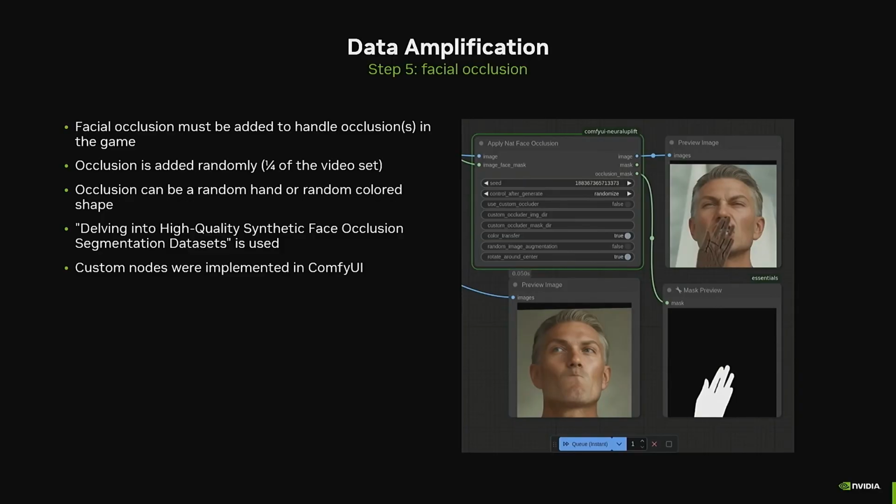So we do that randomly on the dataset. I think one fourth of the images have facial occlusion. And this also takes only a few seconds to run.